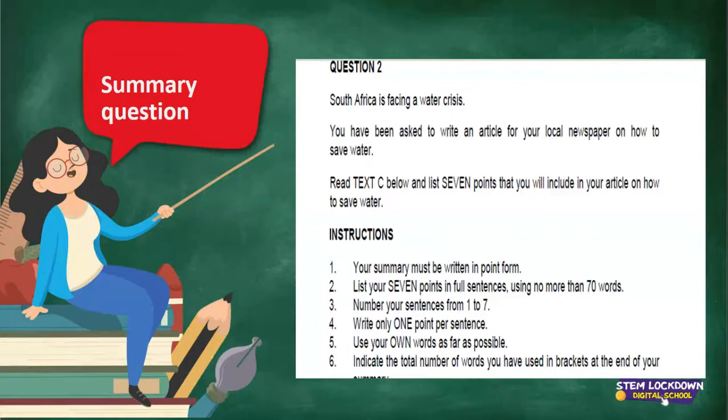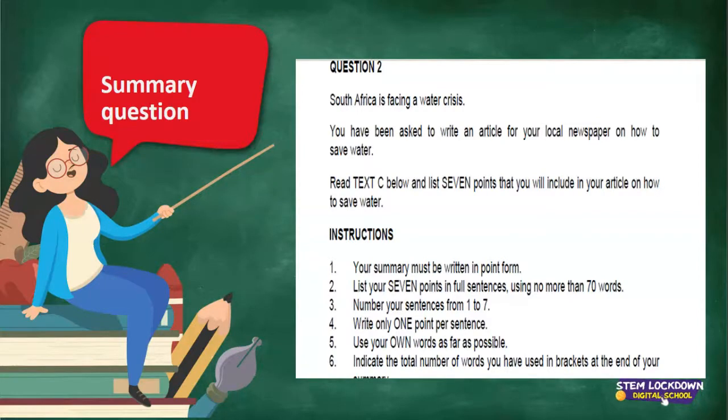So there will be instructions that you must write it in point form, 7 points, number your sentences 1 up to 7, and when you number, you can have your A up to G, or you can have it as 1 to 7 and write only 1 point.